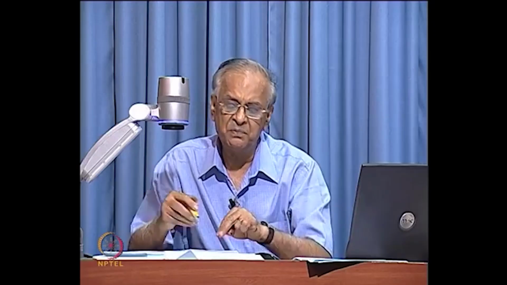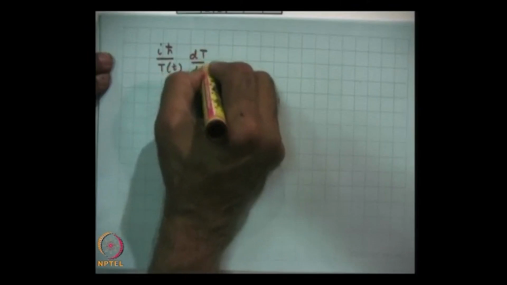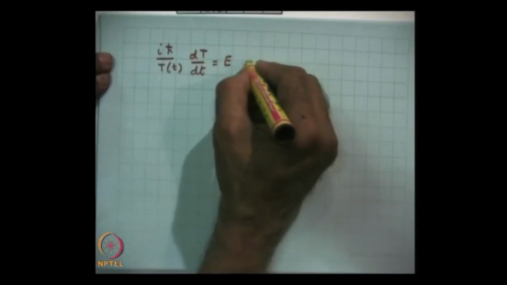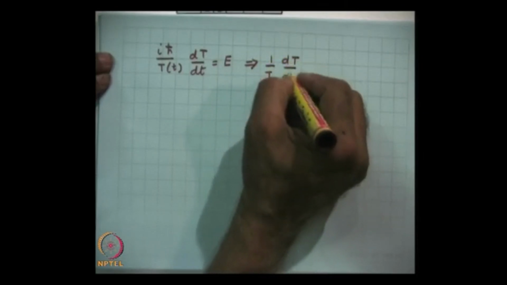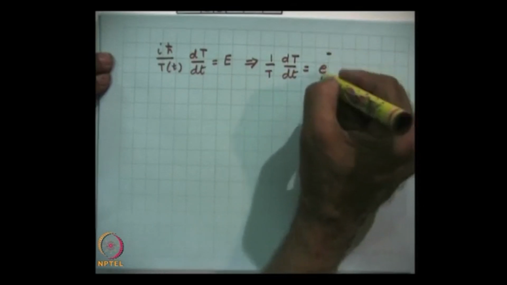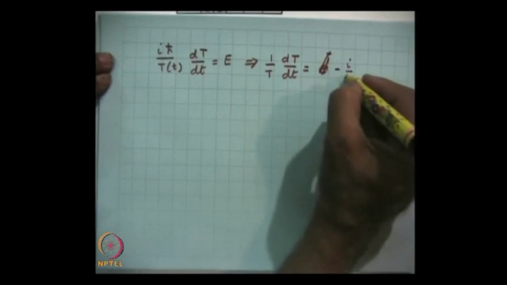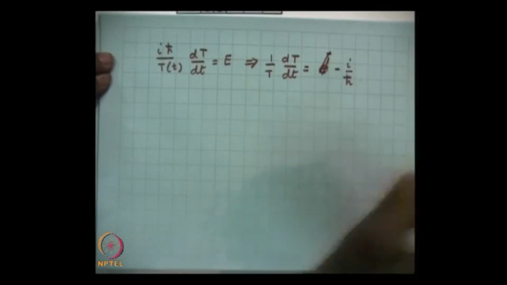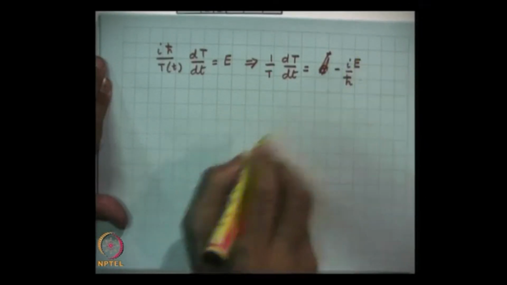Now, the integration is trivial. So, let me write down the time dependent part. I get i h cross 1 over T dT by dt is equal to E. So, this gives me that 1 over T dT by dt is equal to minus i E by h cross, where E is a constant.